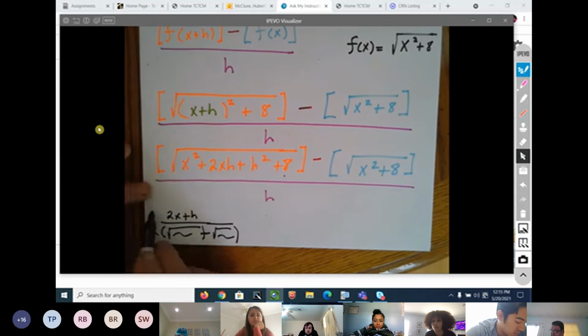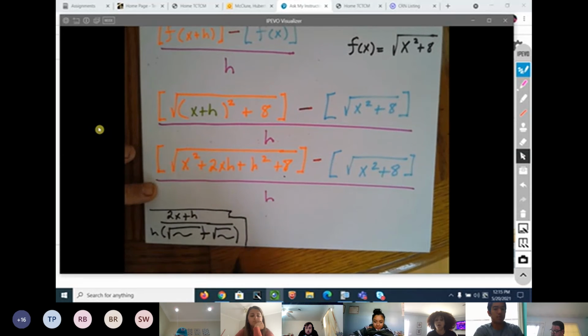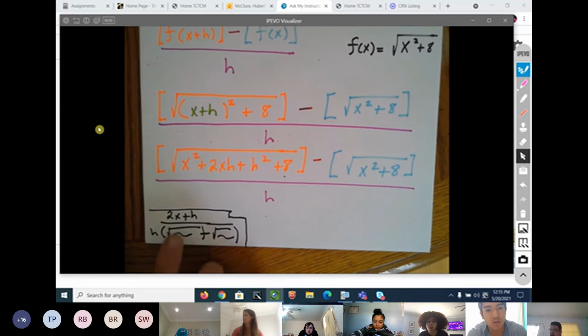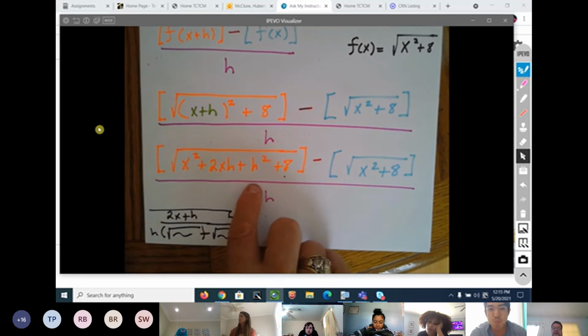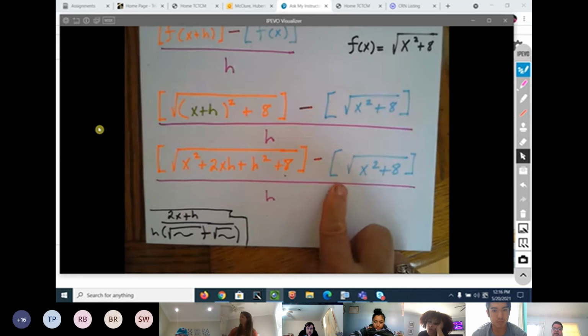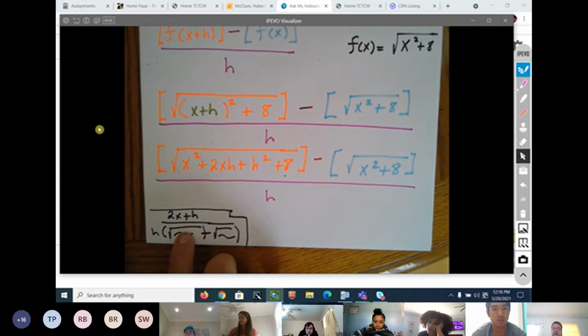You're going to get some type of answer like that, but I'm going to check first and see if they want to go that far. If they want to go that far, I'll show you. But this is the setup answer. This is the answer if you conjugate.